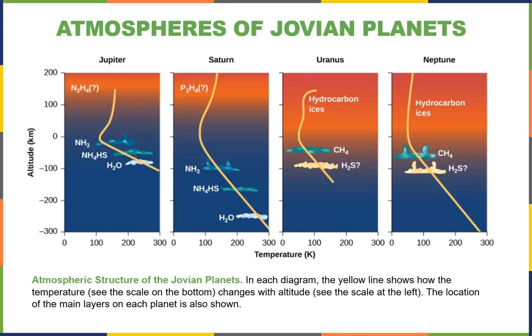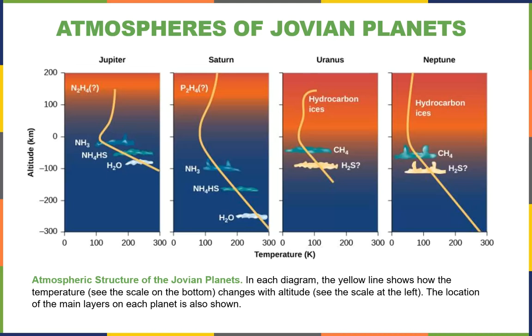But you have hydrogen sulfide here on Uranus and Neptune, then methane, then hydrocarbons. Very similar atmospheres. And if you look at the temperatures, similar temperature profiles. If you look at Saturn, notice that the upper atmosphere, it's maybe 120. Jupiter's is actually pretty similar in temperature, the upper atmosphere.